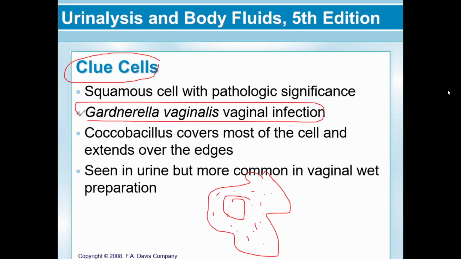So in bacterial vaginosis, okay? So yung mga pasyente na merong bacterial vaginosis, okay, caused by your Gardnerella, makakakita tayo ng mga squamous epithelial cells nila studded, okay, with your Gardnerella cocobacilli. Okay, so covered yung kanyang surface with the cocobacilli.